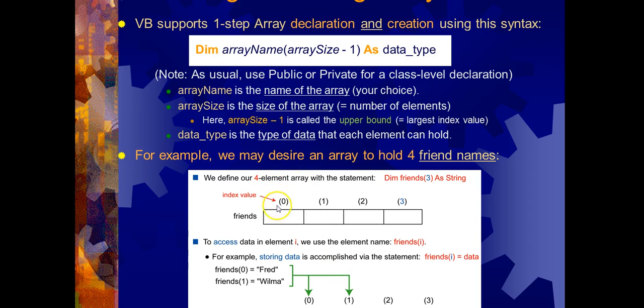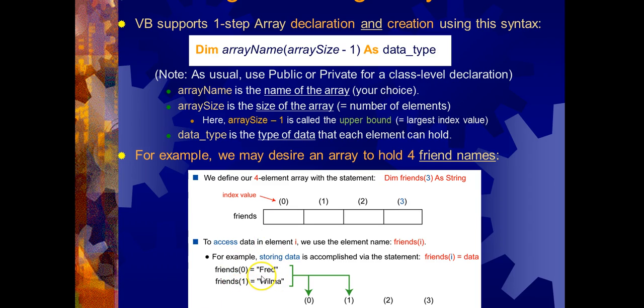One way to fill in or define this array is, first you have to declare it like this, and then you can start to fill it in. You fill in the first one with Fred: friends 0 equals Fred, friends 1 equals Wilma.